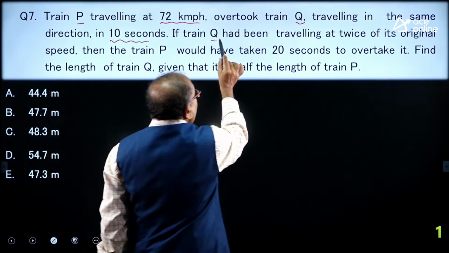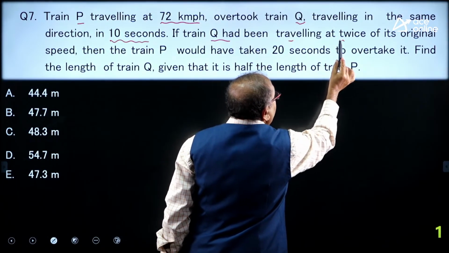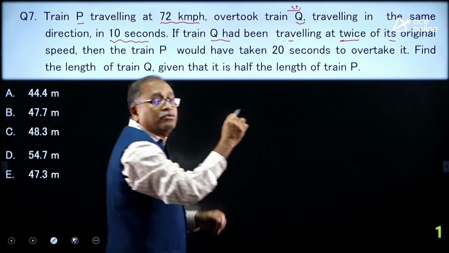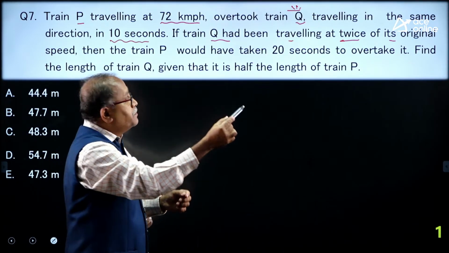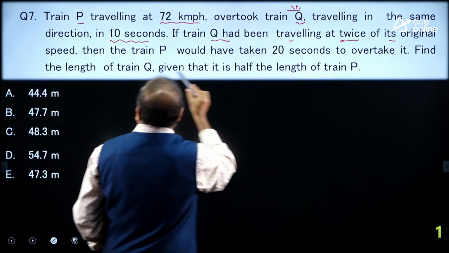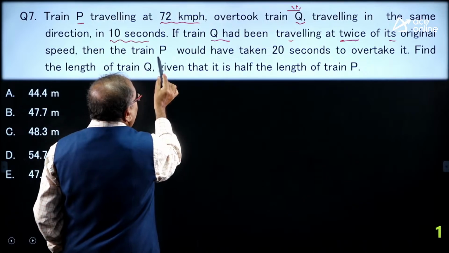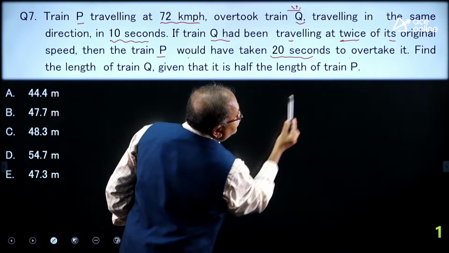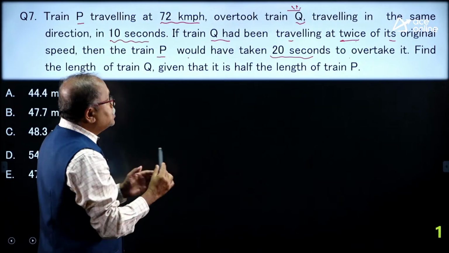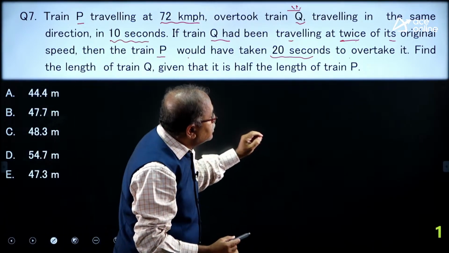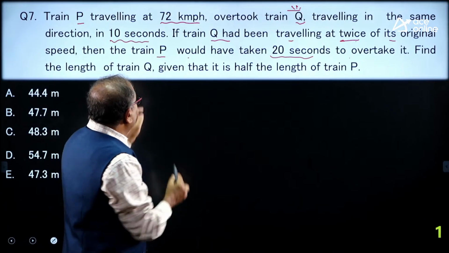If train Q had been traveling at twice its speed, then train P would take 20 seconds to overtake it. So, time will increase in that case. What is the question then? Find the length of train Q.